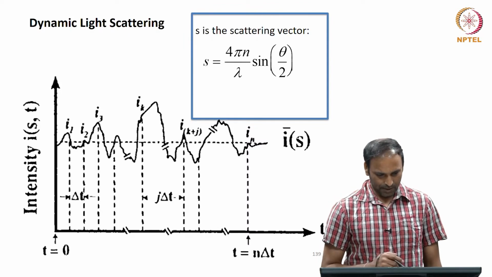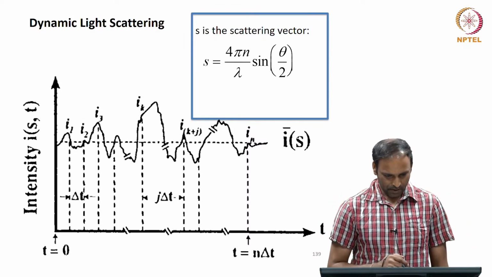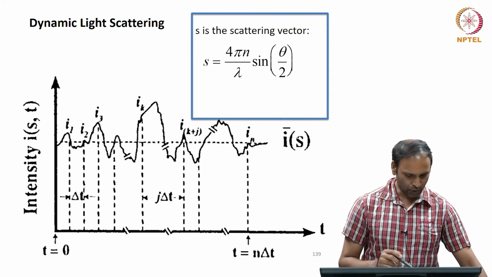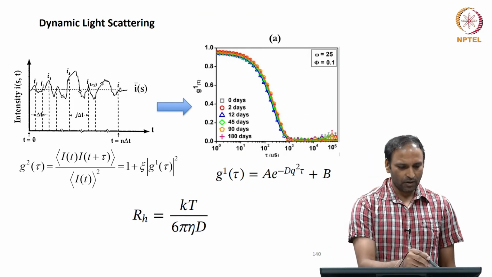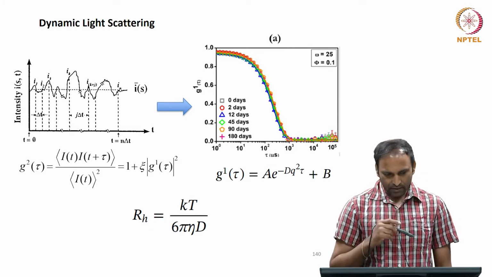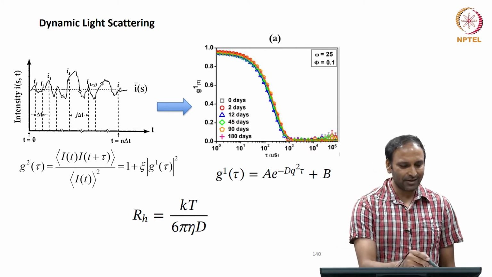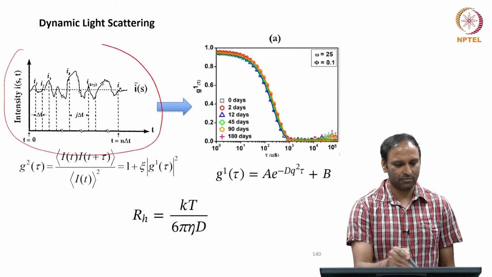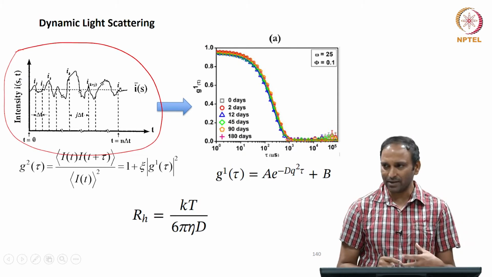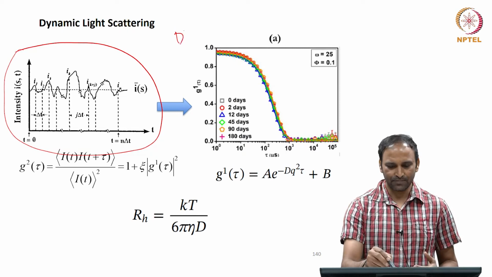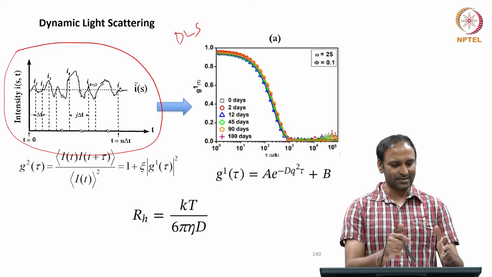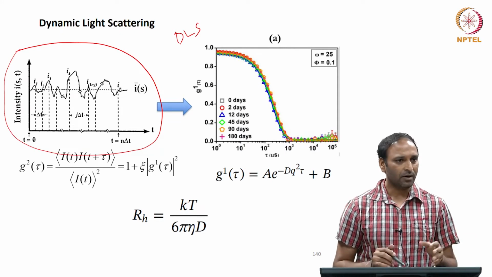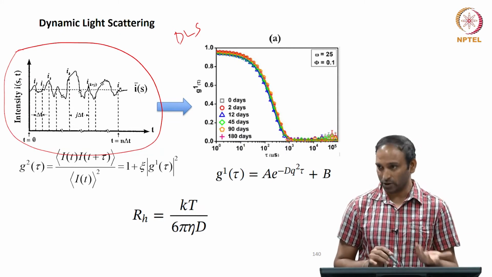Okay. So now, that's what you measure. There are instruments where you can actually access this information. If you take a commercially available DLS instrument, there are instruments where they display this scattered intensity as a function of time, but many instruments don't.